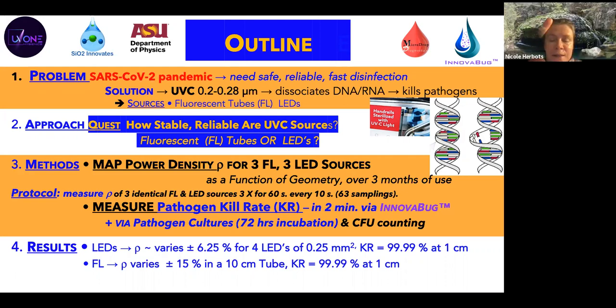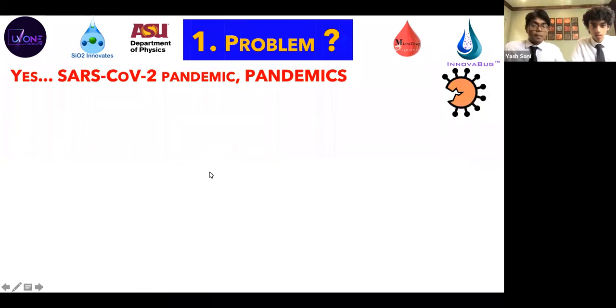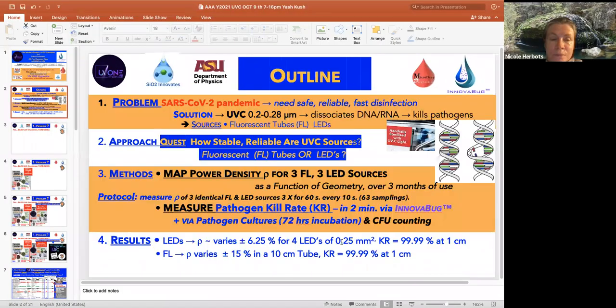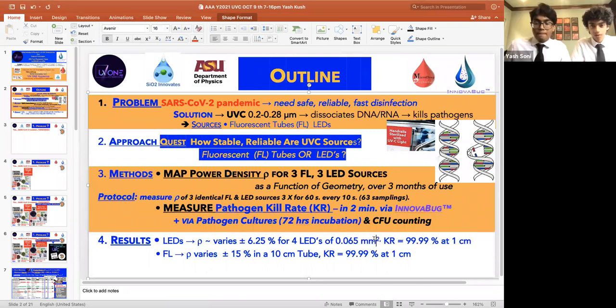Okay, so hold it. There's an error there. It's LED of 625 because it's 0.25 times 0.25. And it's in centimeters squared. So you need to fix that. 625, right.